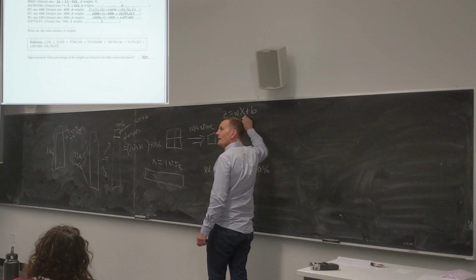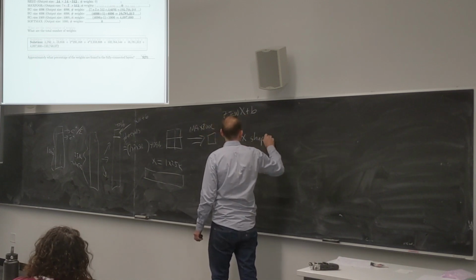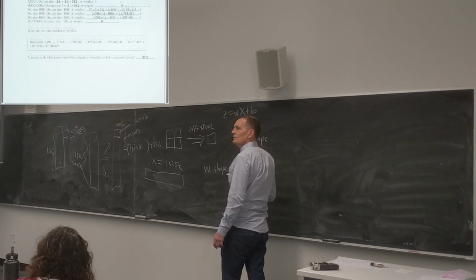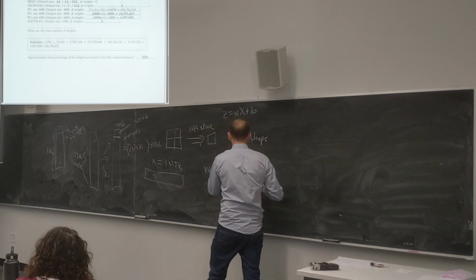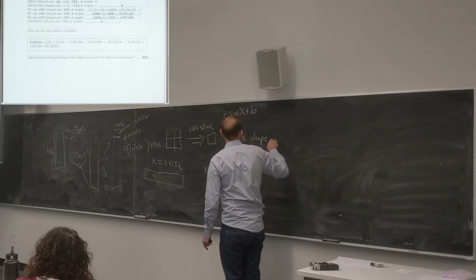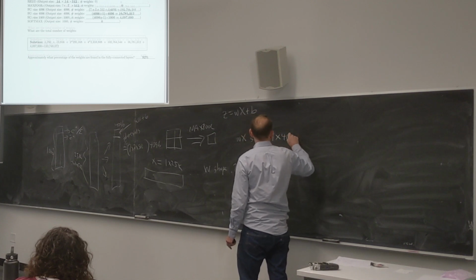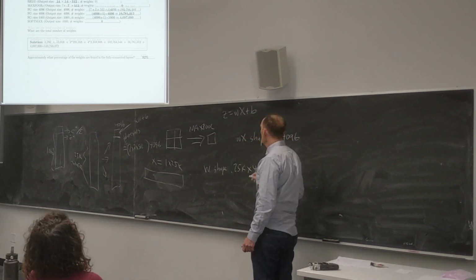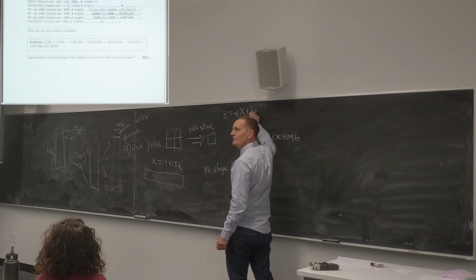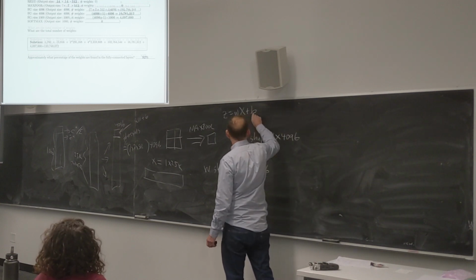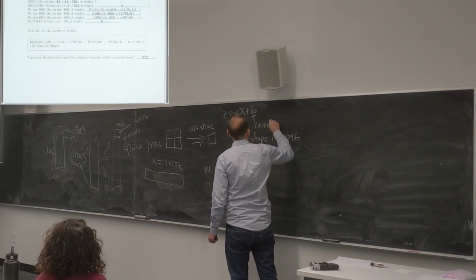And the shape of WX, we multiply this by this, and we get a 1 by 4096. So if WX has this shape, what shape does B have? Better be the same, right? So this is 1 by 4096.